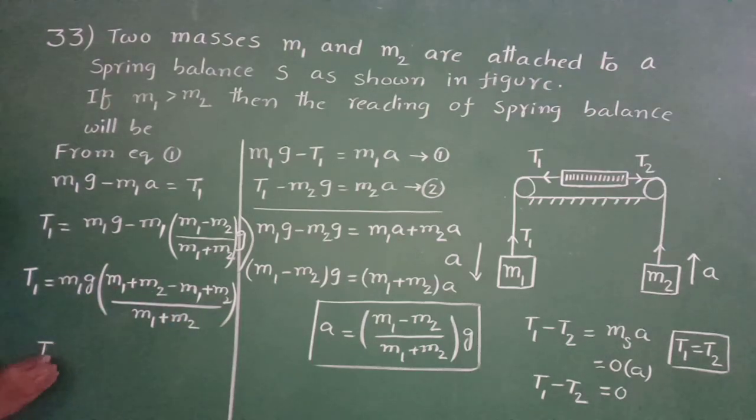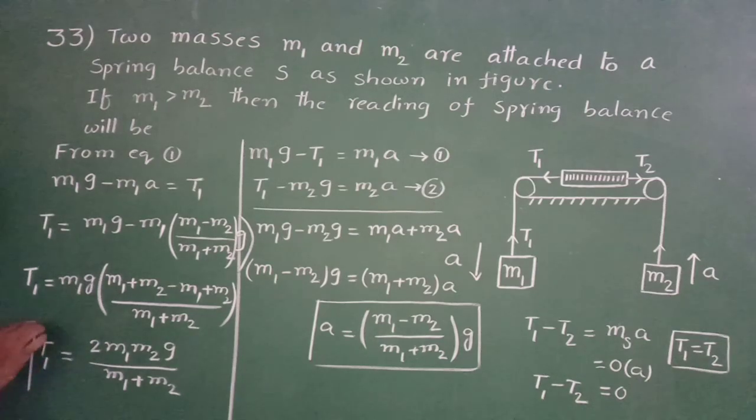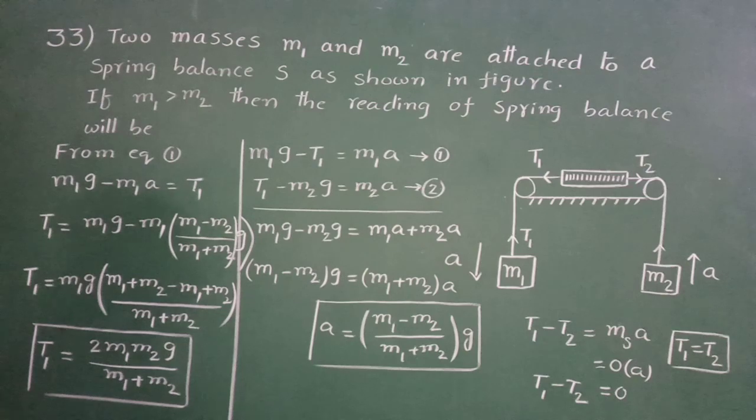Finally we get T1 is equal to 2 m1 m2 into g by (m1 plus m2). This is the reading in the spring balance. Tension in the spring is given by the reading in the spring balance. So T is equal to 2 m1 m2 by (m1 plus m2) into g newton.